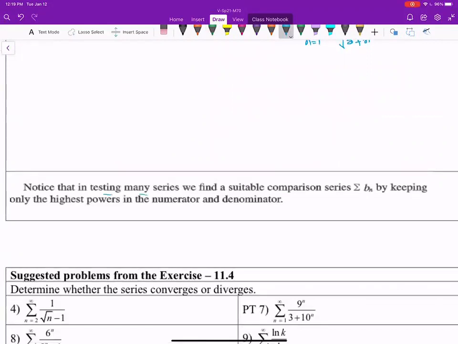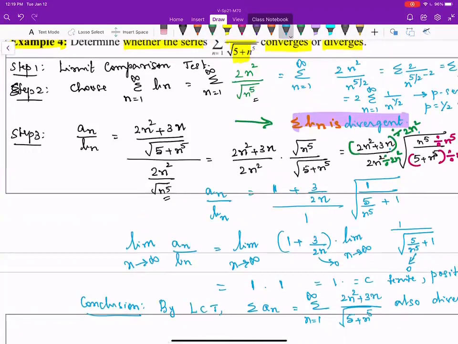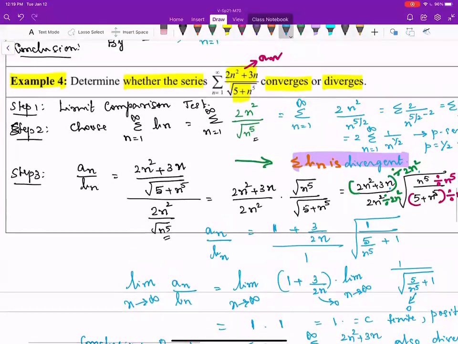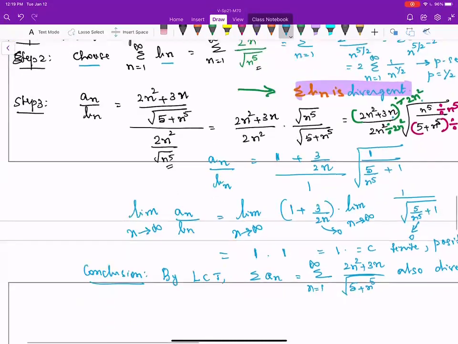Notice that in testing many series, we find a suitable comparison series, sigma bn, by keeping only the highest powers in the numerator and the denominator, which is what we did even in this problem. So we kept only the highest exponent for the numerator and the highest exponent in the denominator, to suitably pick the series to compare to. So in this section, you have actually covered two types of comparison test, regular comparison test and limit comparison test.